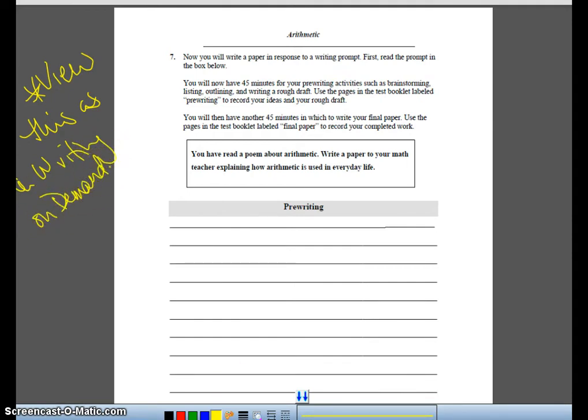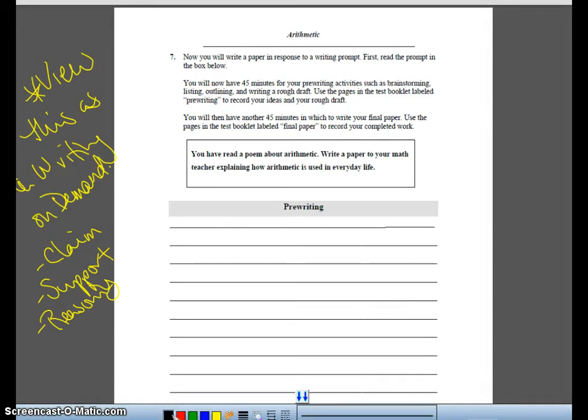That means, again, we need a claim, we need support, we need reasoning. And really what this one will also be looking at are things like organization, spelling, things of that nature.